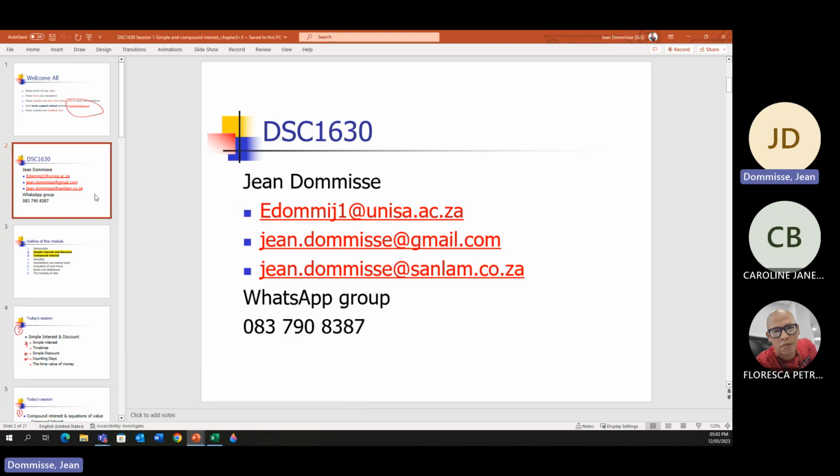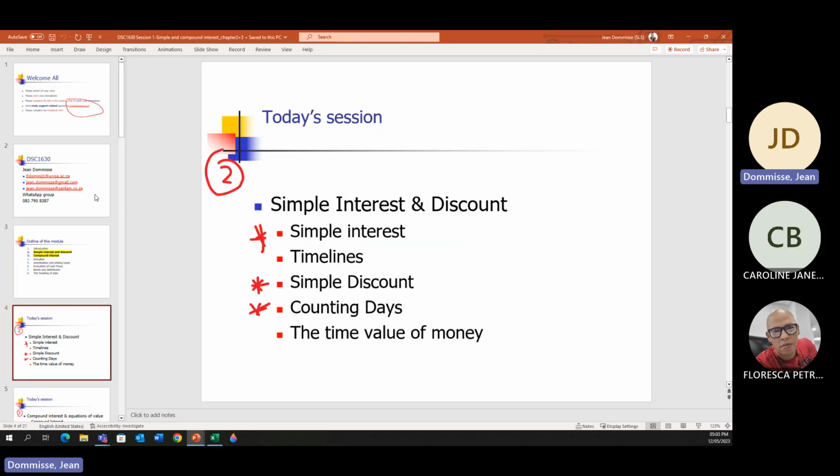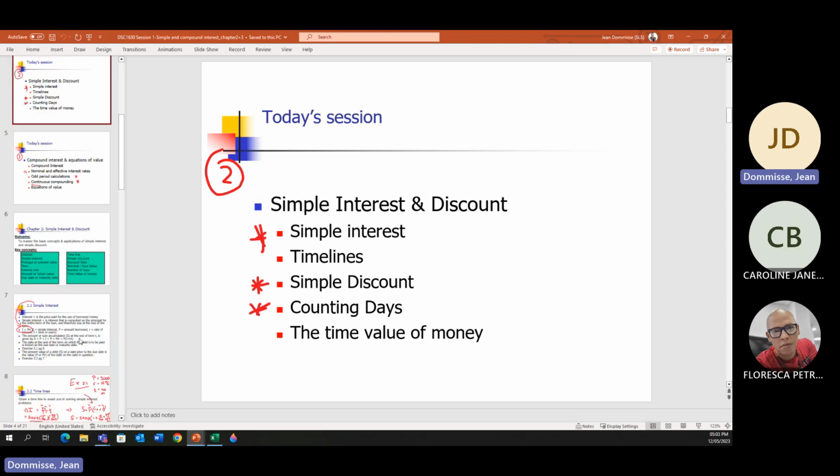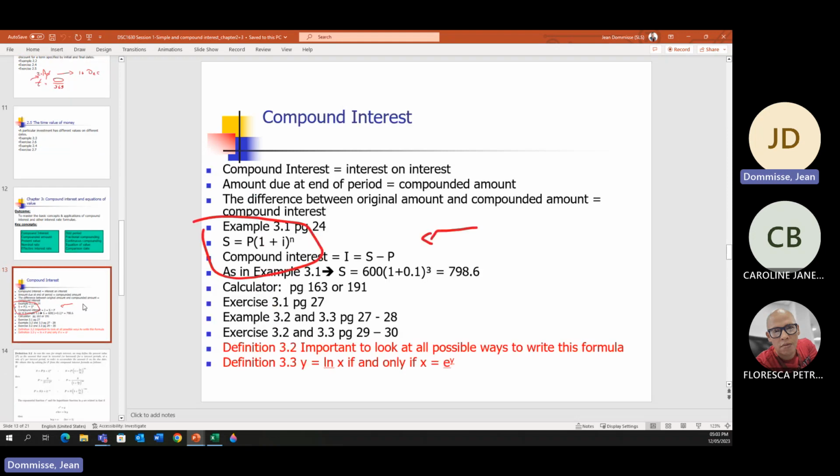The first week we focused on simple interest rate and compound interest rate, where we looked at simple interest rates where you really could not use your financial calculator or Excel in a sense with calculations. We also looked at simple discount, and then about 2 weeks ago, also looked at compound interest.